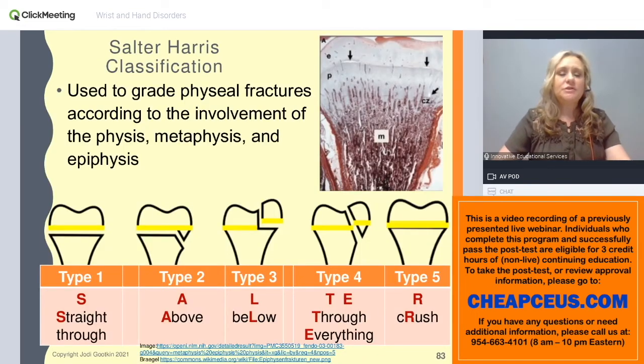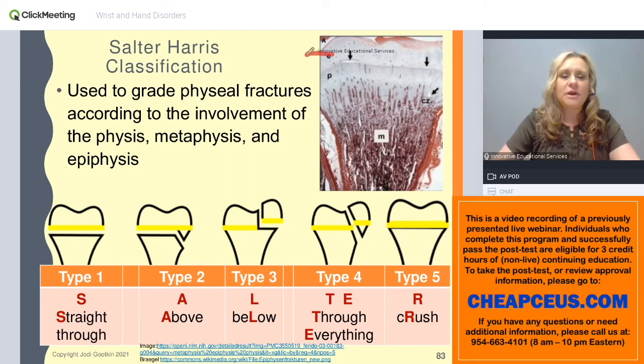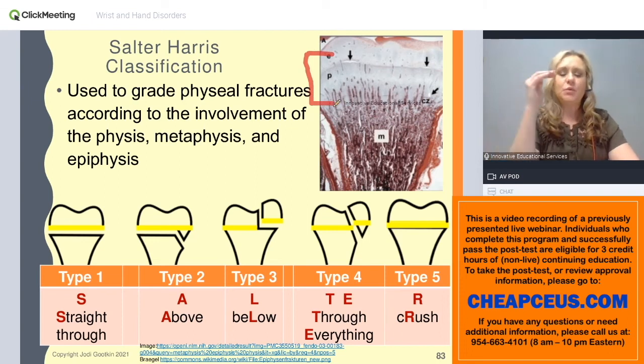As we look at the Salter-Harris classification of those growth plate fractures, I will be completely honest, this is a chicken bone. I couldn't find a human bone growth plate that was not copyrighted. What we see here, as we look at the growth plate, we have different zones within it.